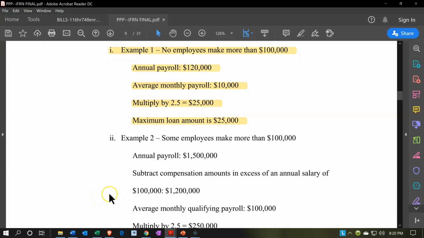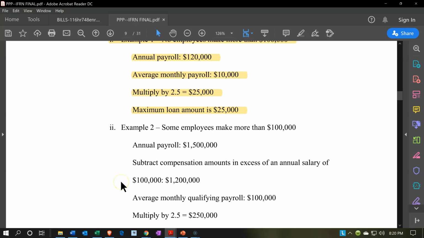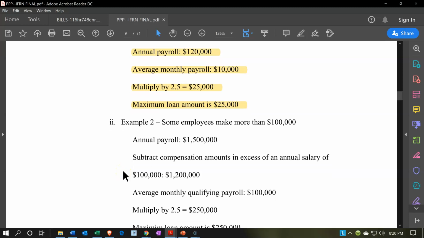Example 2, some employees make more than 100,000. So now you've got the annual pay, 1,500,000. So you take all the employees and all their wages, including those that make over 100,000, is 1,500,000. Then you're going to subtract compensation amounts in excess of an annual salary of 100,000. So you take all those people that made more than 100,000, you cap them at 100,000, and you subtract all the excess wages.